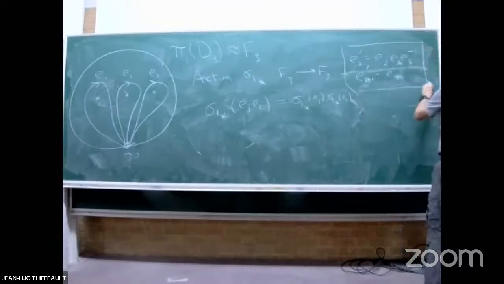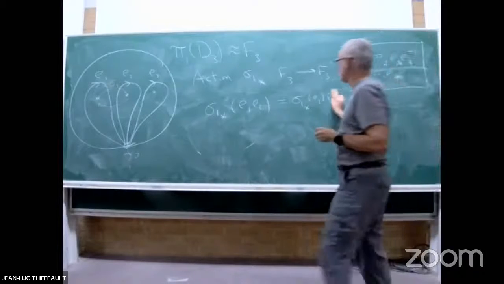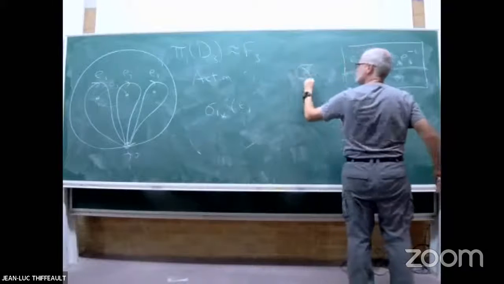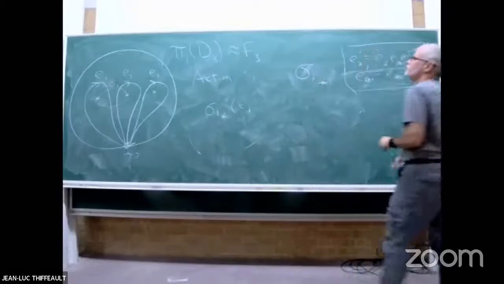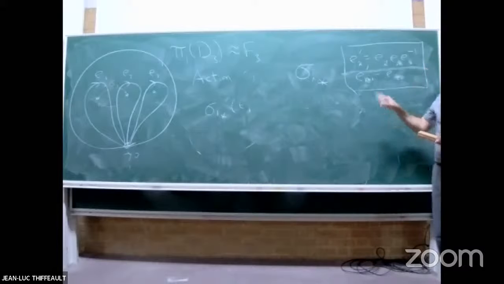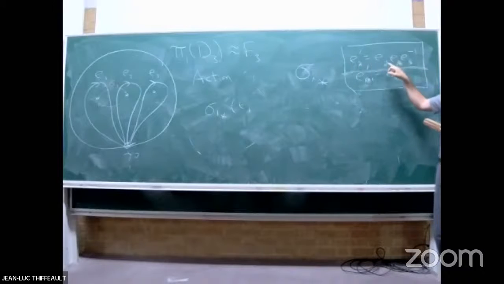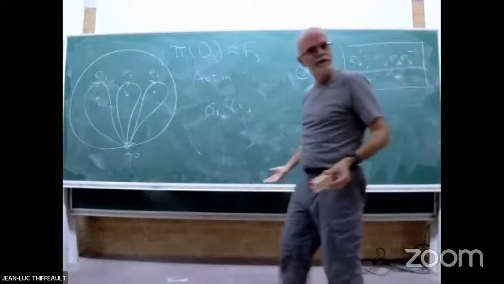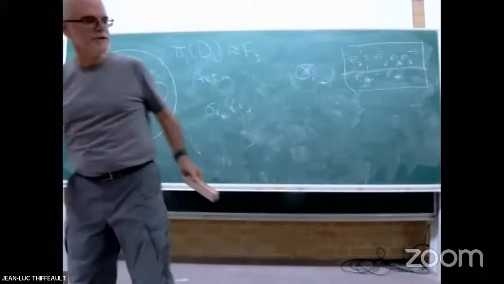So the action of sigma I star is just to map EI to E(I+1), EI inverse, and to map E(I+1) to EI. And every other generator is untouched. It just maps to itself.